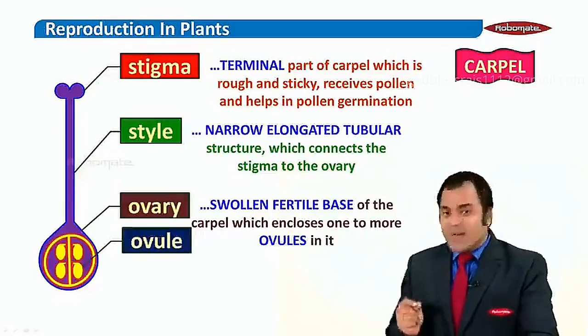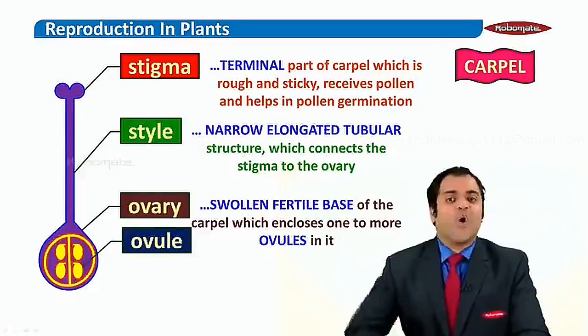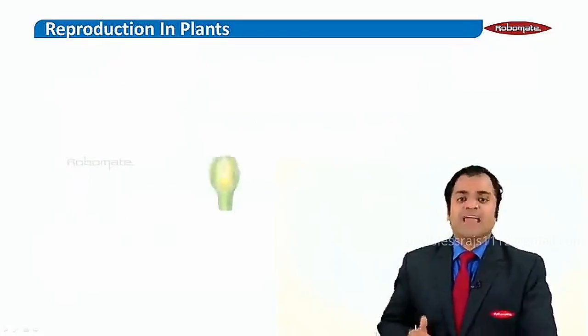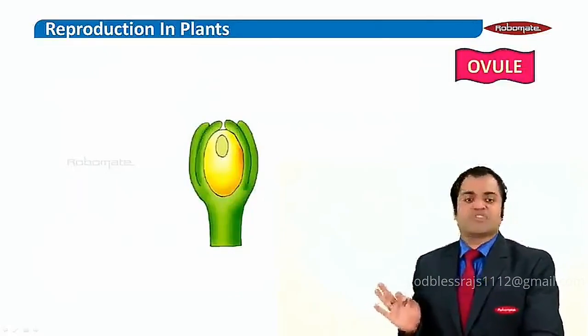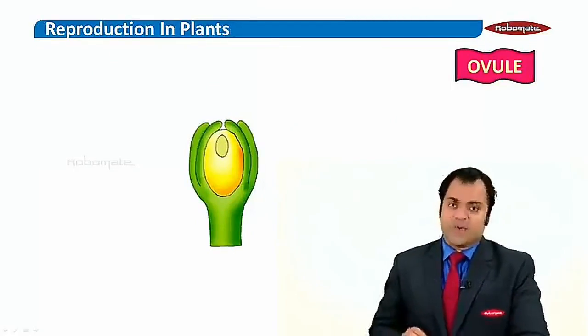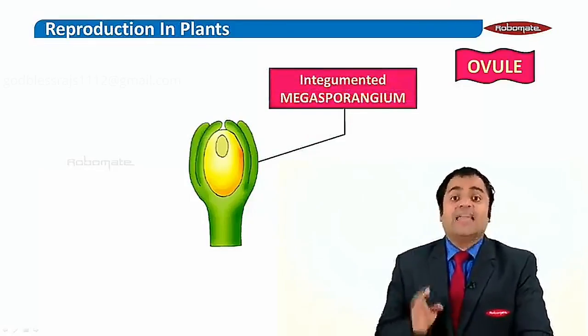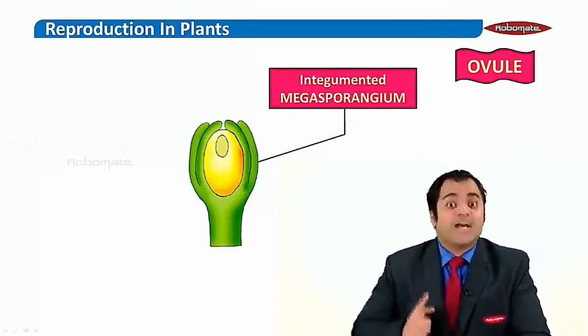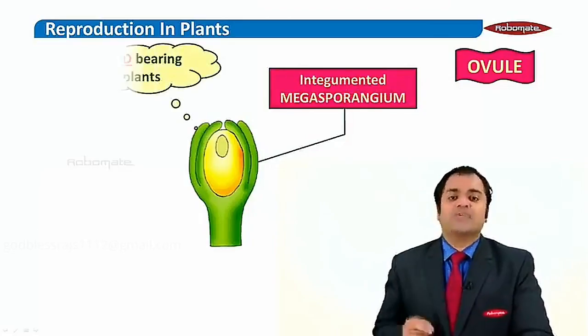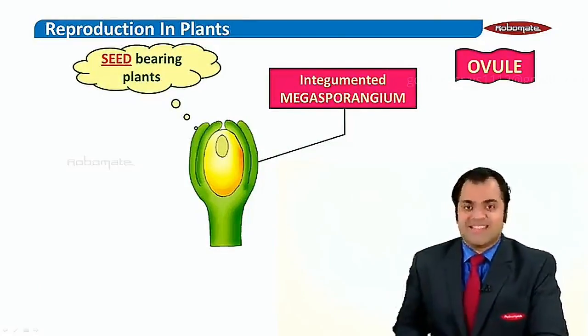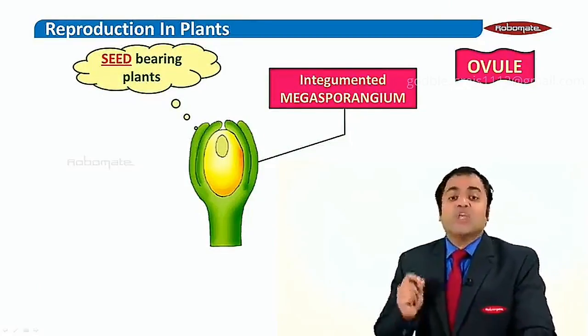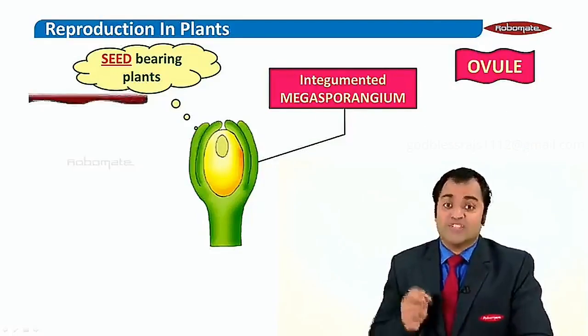So let us now understand what is an ovule. What you see behind me right now is a beautiful structure of an ovule. Now remember, an ovule by definition is an integumented megasporangium that is found in seed-bearing plants. Which means you will find ovules in gymnosperms.